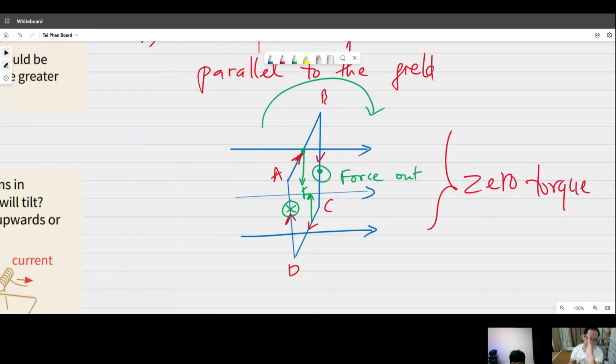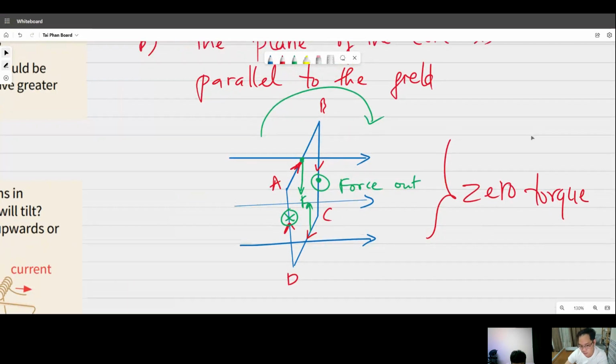The force on the outer sides of the coil will be into or out of the plane, so it's like squeezing the coil, not rotating it. The forces on the top and bottom are also squeezing the coil. So in that orientation, when the coil is at right angle to the field, there's zero torque, the minimum.